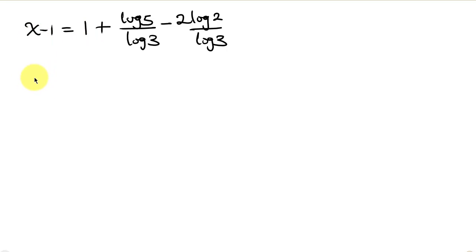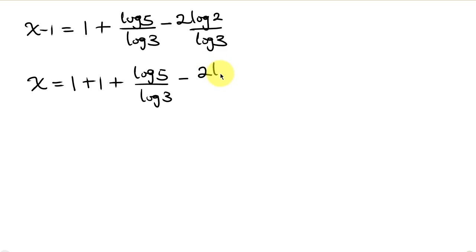So we have x equal to, I've already got 1 here. As minus 1 crosses to the right, it becomes plus 1. So plus 1, plus the log of 5 all over the log of 3, minus 2 log 2 all over the log of 3.